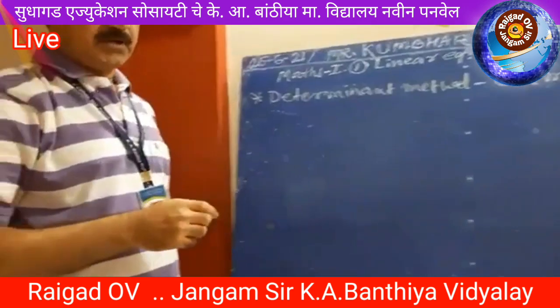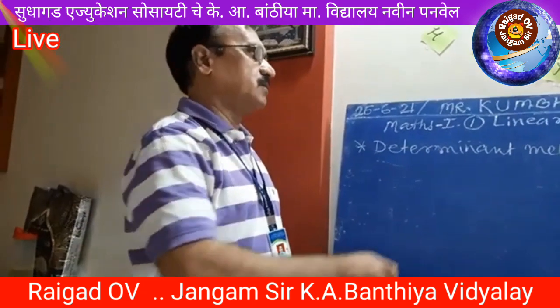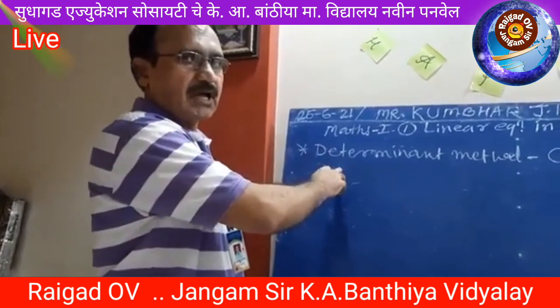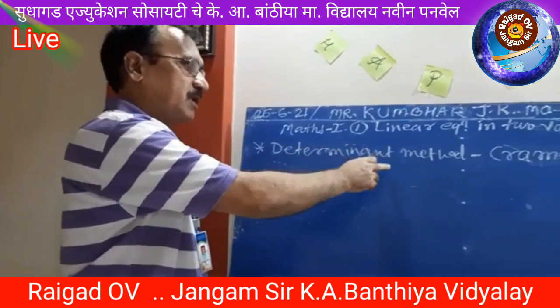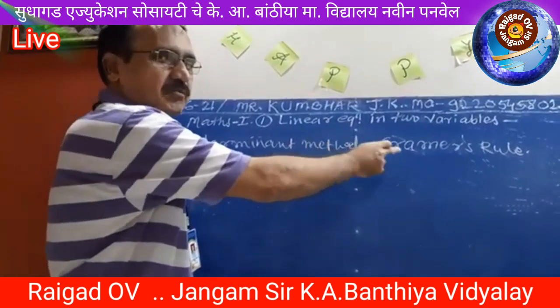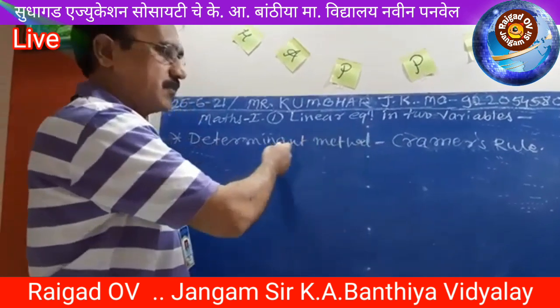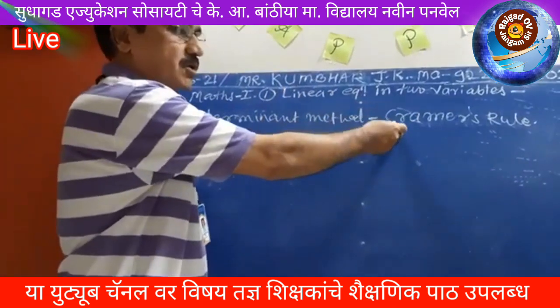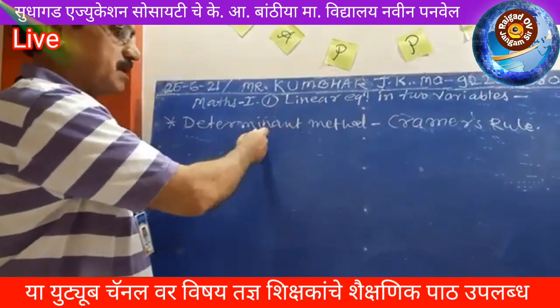In the question paper, in an example, there is a mention: solve the following simultaneous equations by determinant method or solve by Cramer's rule. Both methods are the same. Determinant method means Cramer's rule. Cramer's rule means determinant method.